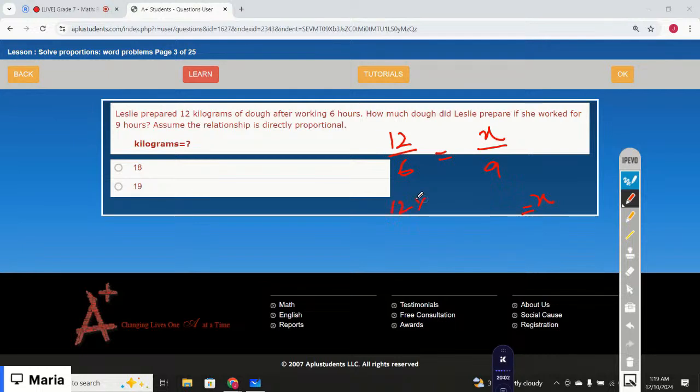x equals 12 times 9 over 6. 3 times 2 is 6, 3 times 3 is 9. 2 times 1 is 2 and 2 times 6 is 12. So x equals 6 times 3. So which is the correct option?